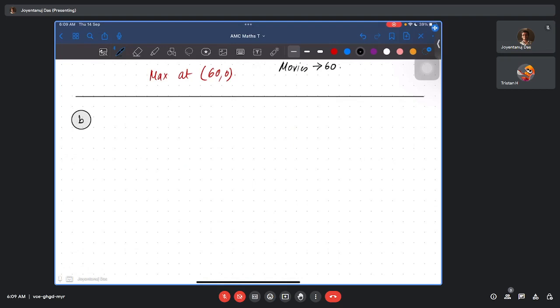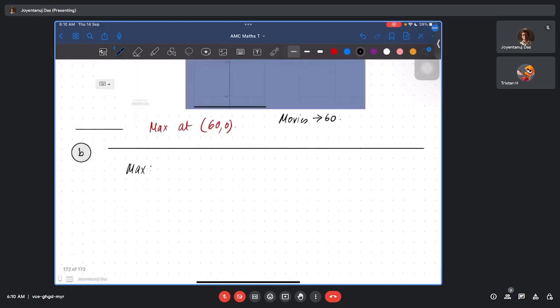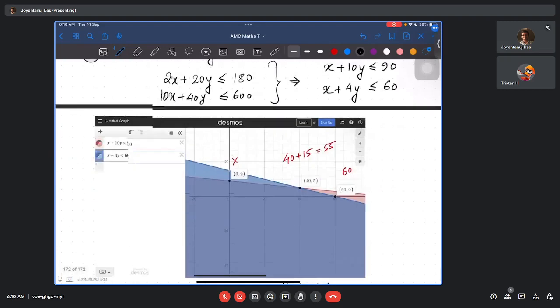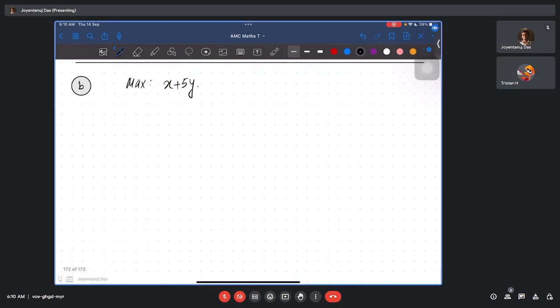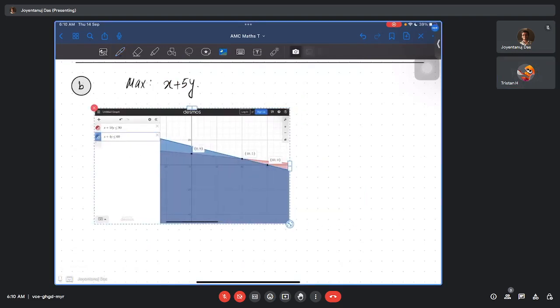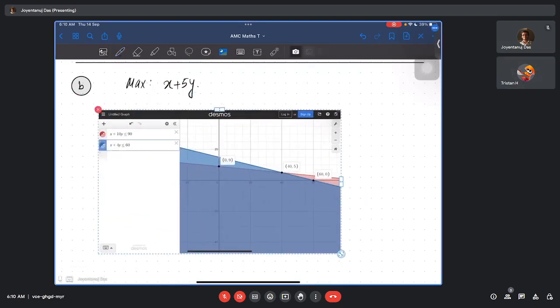Part B is, if I instead make 5 friends every time I get a new video game, but still 1 friend per movie, then how many movies? So now the only thing that changes is the maximize function. So it is x plus 5y, right? Yes. So our inequalities are still the same.